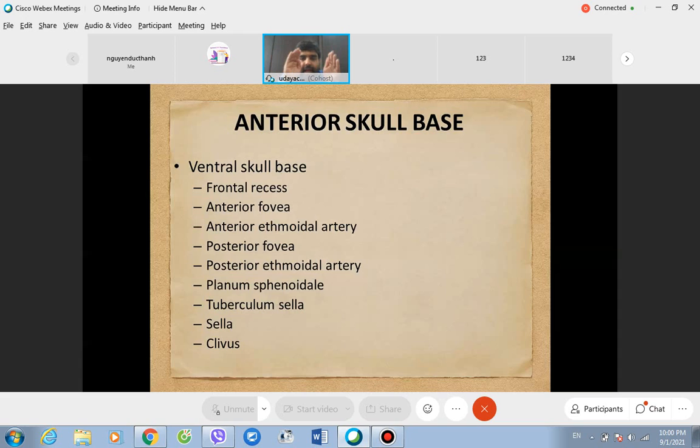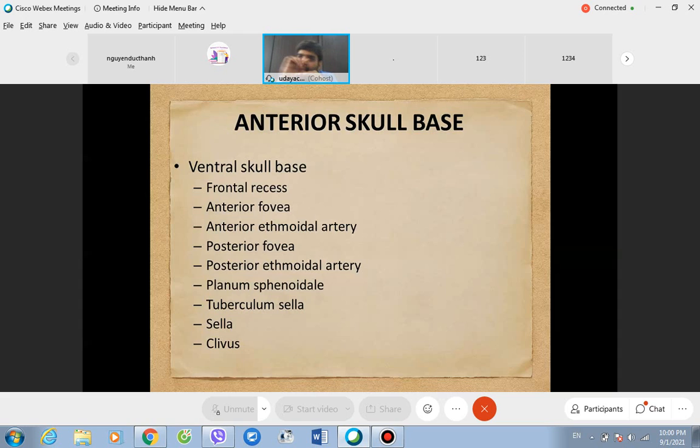Remember like that. And once you cross the posterior ethmoidal artery, most often the landmark you see is the anterior face of the sphenoid, and there the planum sphenoidale starts. Once it goes into the sphenoid sinus, it slopes downwards and lands onto the sella.